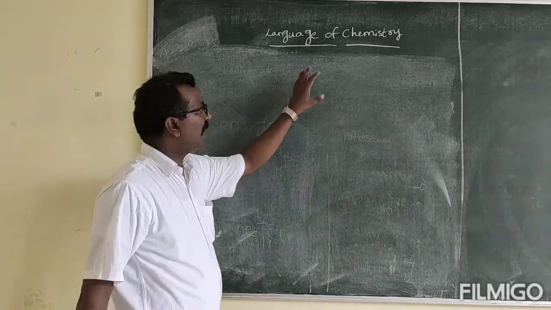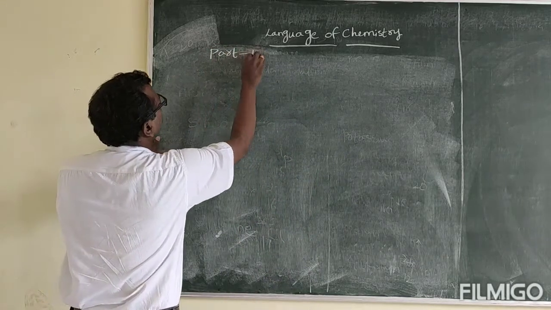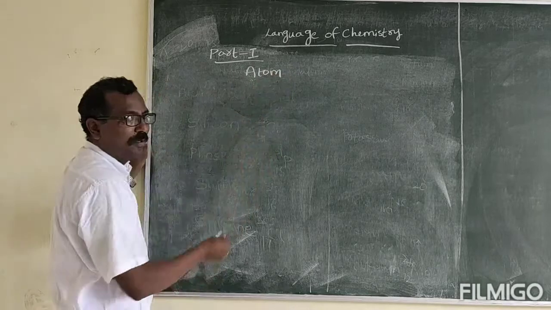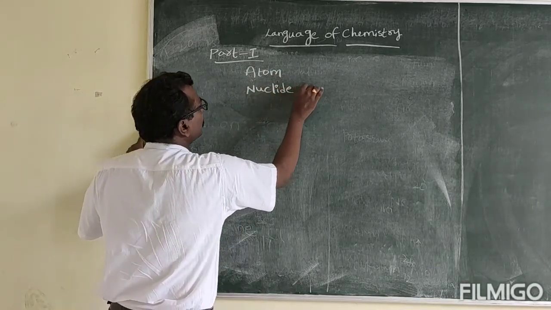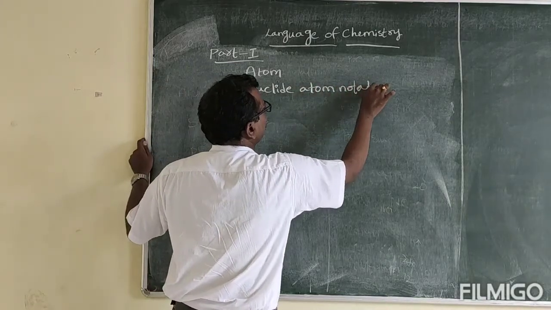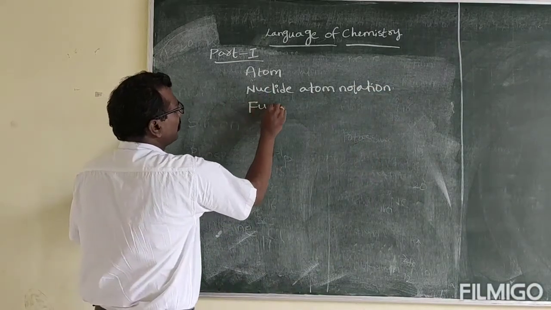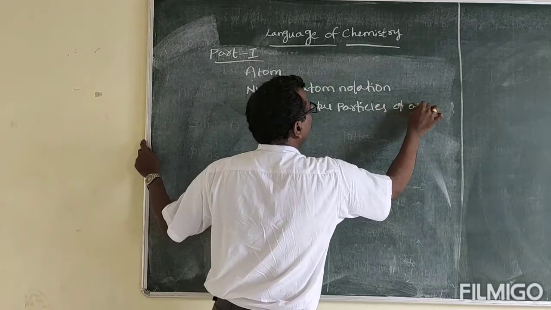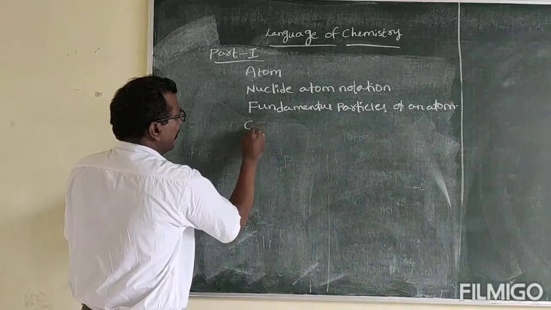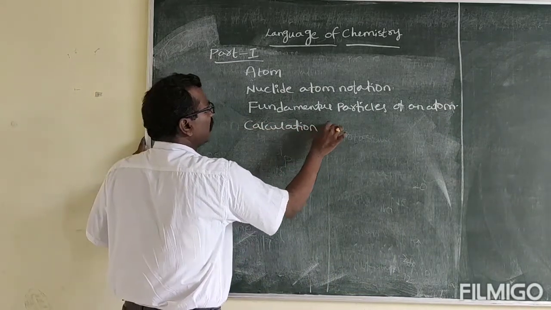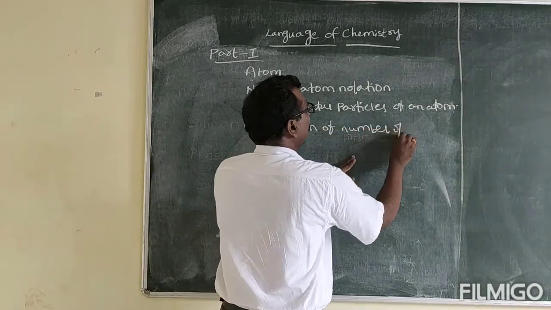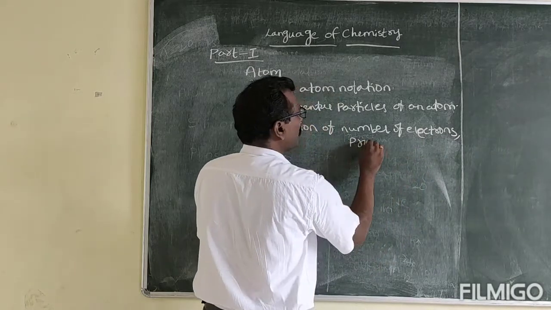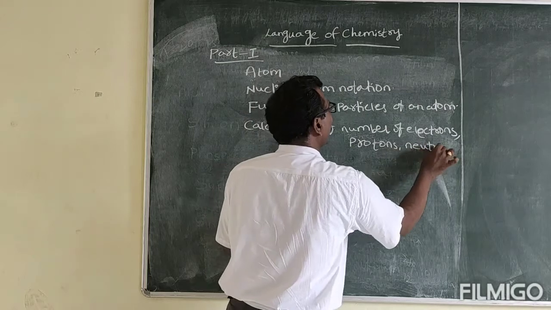So in today's session, under language of chemistry part 1, we have discussed what is an atom, nuclide atom notation, fundamental particles of an atom, and calculation of number of electrons, protons, neutrons.